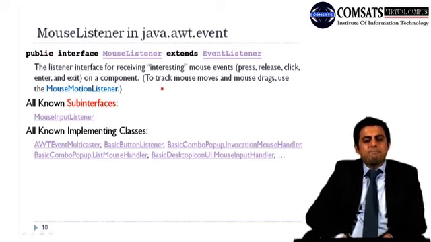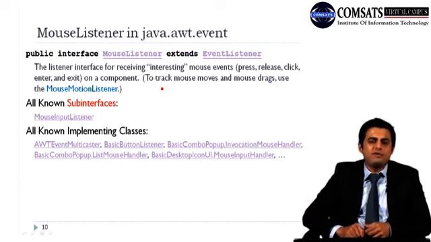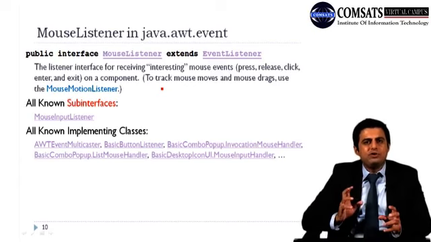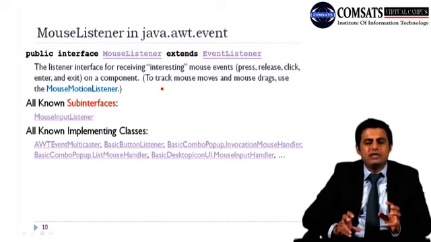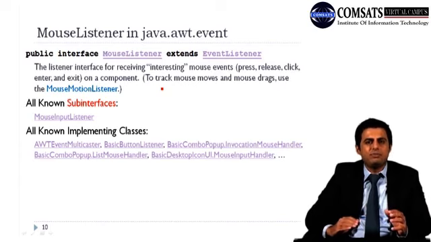Remember that if an interface is extending some other interface, that interface does not have to implement any method, because if you look at the inheritance rules, you know that this interface is going to take all the methods from the parent.